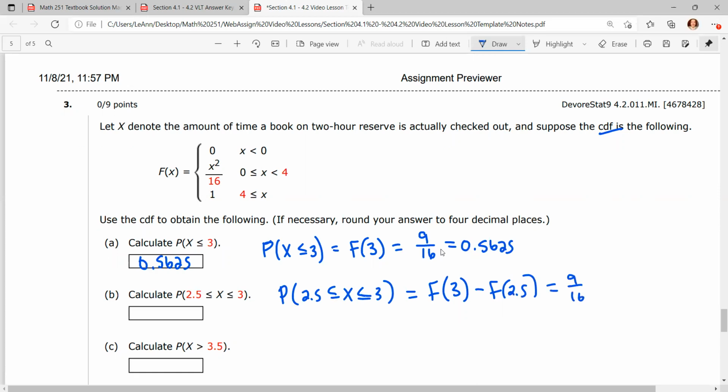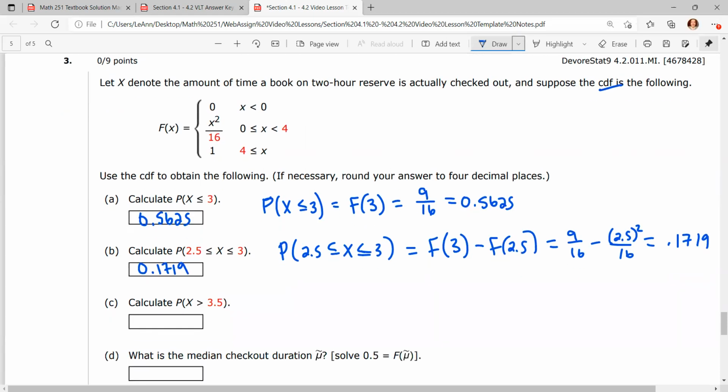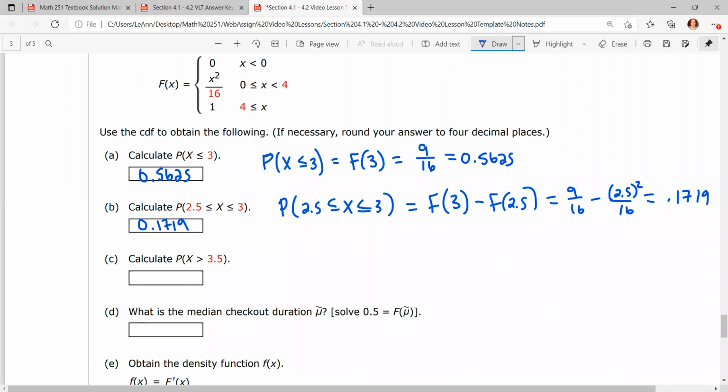That's 9/16 minus 2.5 squared over 16. I just typed this into my calculator and got 0.1719 for the final answer there. Because you will want to use your calculator. I show all my work in the videos just to help guide you along, but you can use calculators on certain portions, just at least write out what you typed into your calculator.